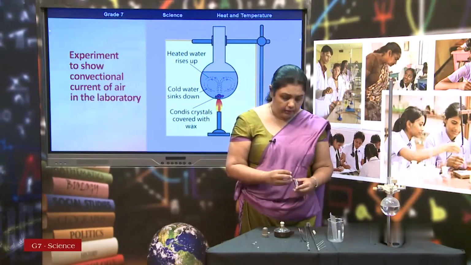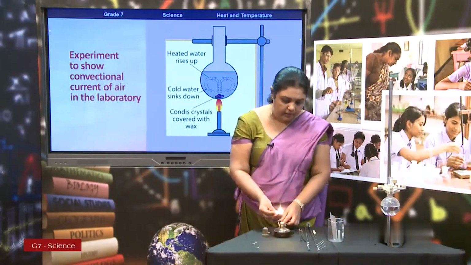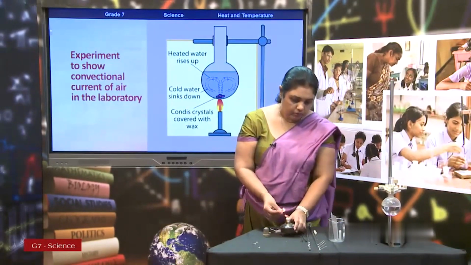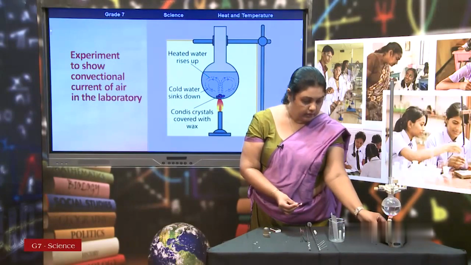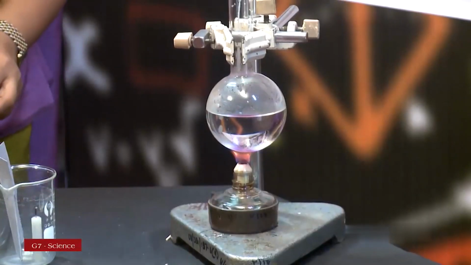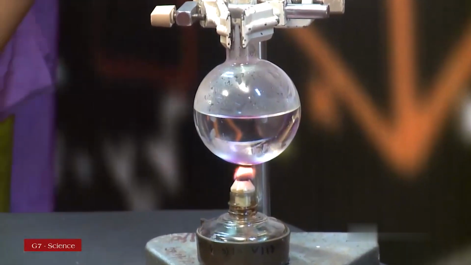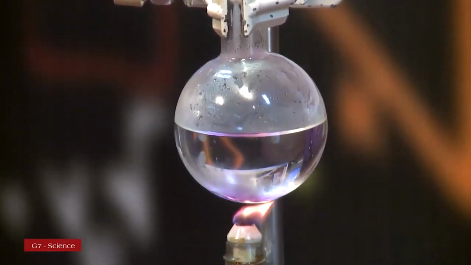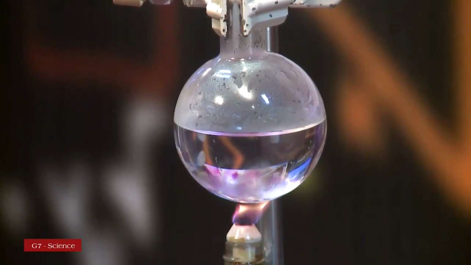The potassium permanganate or Condis is covered with this. Okay, I am giving heat with this. Now, observe it for a while. Observe this. Condis or candle wax is there. Now, you can see very well.